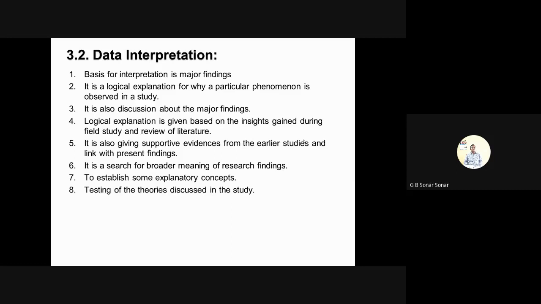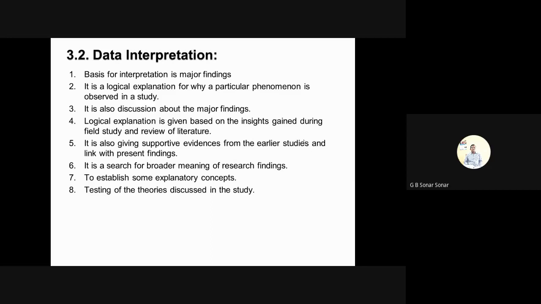For example, when we make a comparison between gender and the number of students entering social work, usually it is seen that men are more in social work education than female.